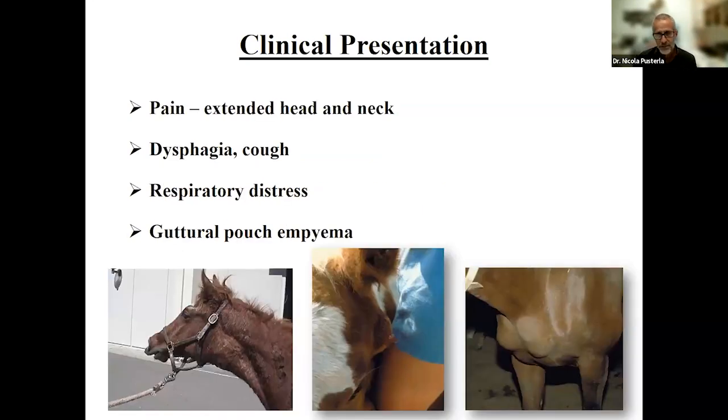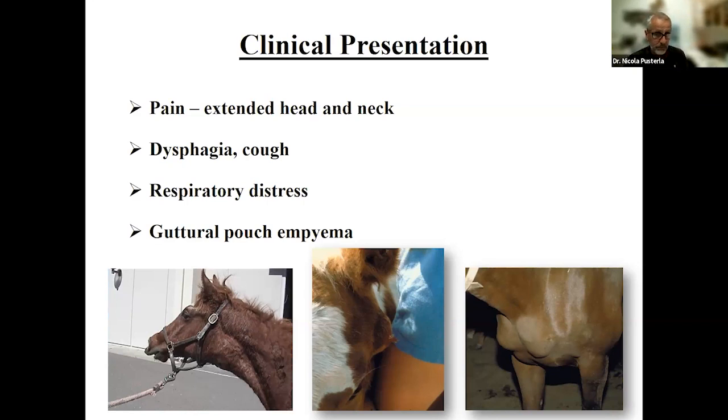As these horses develop pharyngitis, they often have cough associated with it, dysphagia, and extended head and neck, as you can see from the lower left picture. If the retropharyngeal lymph nodes get swollen enough, they restrict the airways. One condition that I generally look at as a complication of strangles is the infection of the guttural pouches.